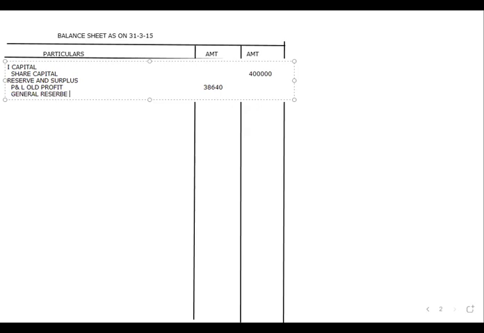Because general reserve was actually supposed to be transferred on net profits, he said. So that adjustment we are going to do here.